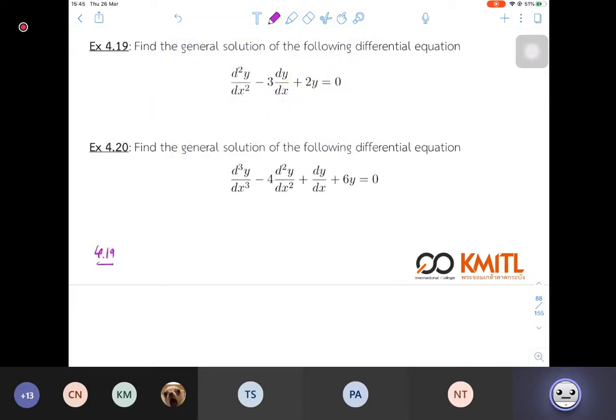So you would like to find the general solution of d squared y by dx squared minus 3 dy by dx plus 2y equal to 0.